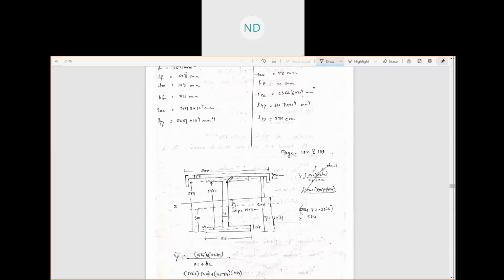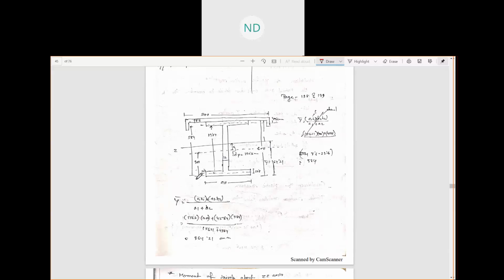The thickness of the web was 7.6 here. Then we had the CG of the channel section, 23.6 mm. Then the thickness of the web, which is 12 mm. The depth of the I section is 600, so half of this is 300.